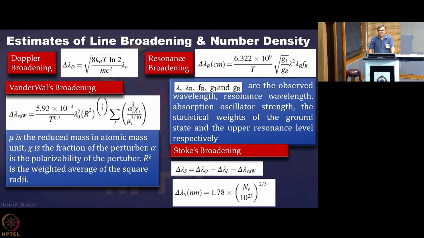Now here you are seeing the instrumental broadening, which is very particular to the instrument. When you are using certain very precise wavelengths, say from a helium neon laser, you throw some light into the spectrometer and see the width it generates.